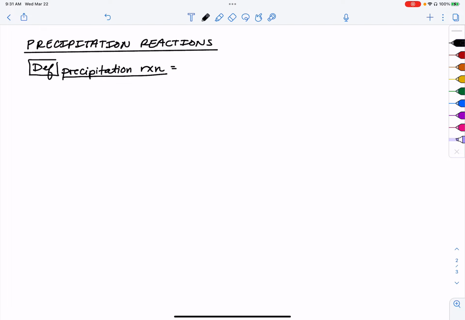So let's start with a definition of what a precipitation reaction is.